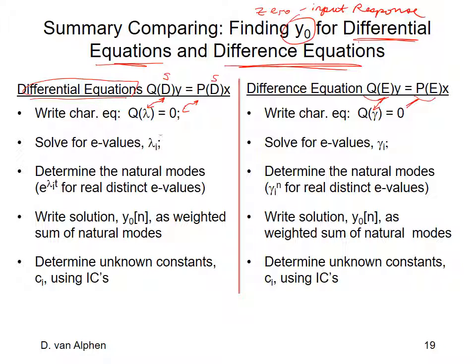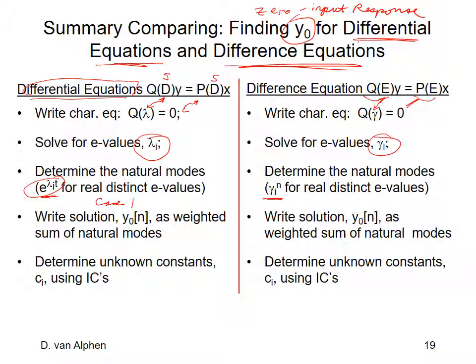The eigenvalues on the left-hand side were called the lambdas, the roots of the characteristic equation. In this class, we call them gammas. You find the natural modes, and I'm only doing case 1 here in the summary: case 1 for real and distinct roots. The characteristic modes were e to the lambda_i t. In this case, they're just gamma sub i, for the ith root, to the nth power.